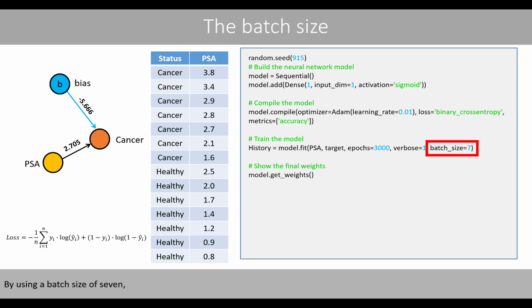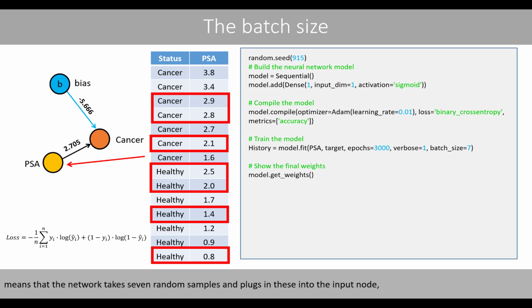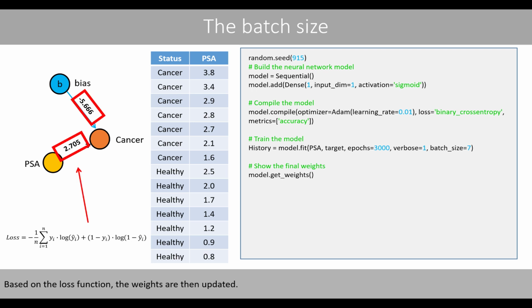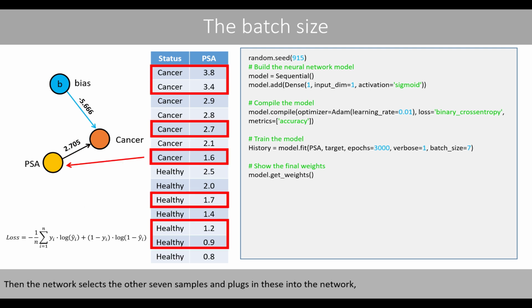Using a batch size of 7 means that the network takes 7 random samples, plugs these into the input node and computes the predicted values based on these 7 samples, which are compared to the corresponding target values to compute the loss function. Based on the loss function, the weights are then updated.